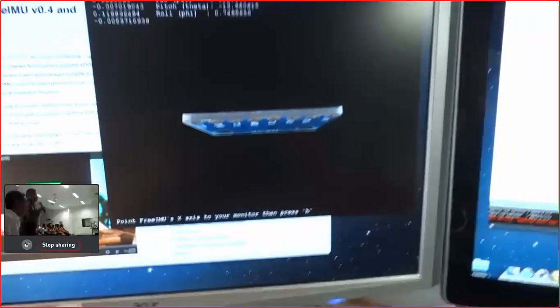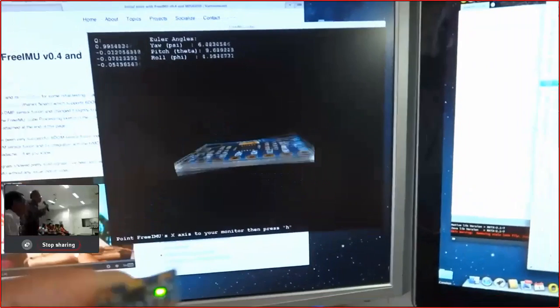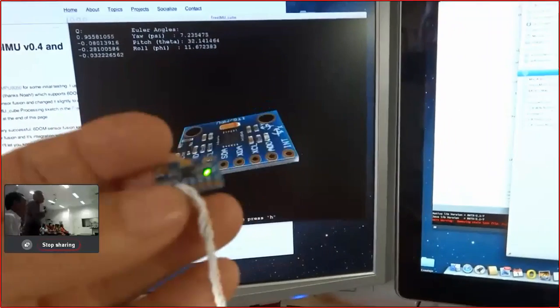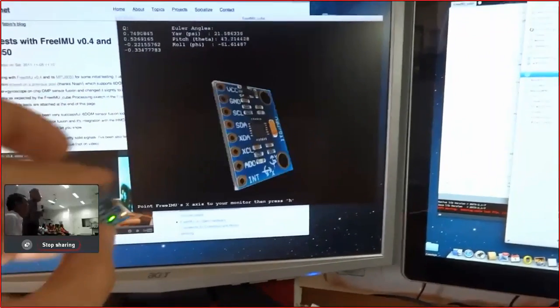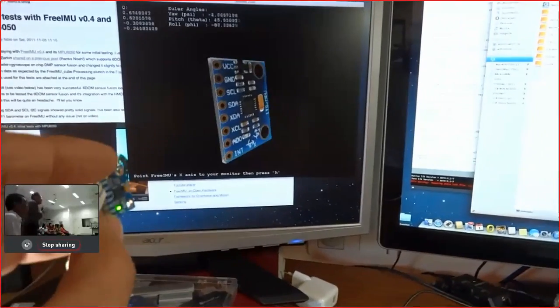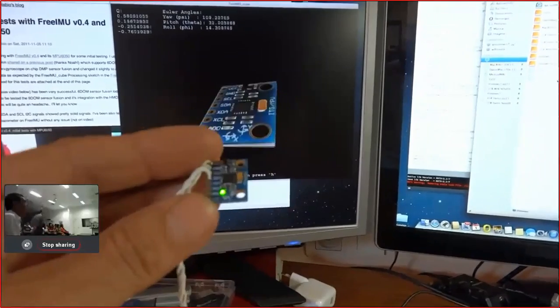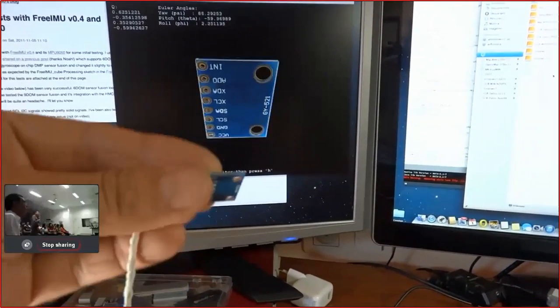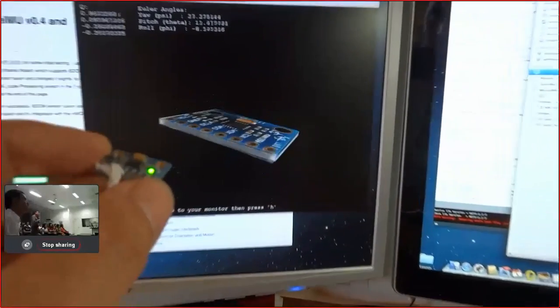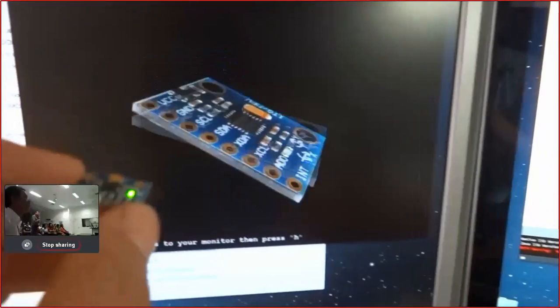Now this is a simulation for the IMU and shows how any small motion can be displayed on the ground station. We have Euler angles, we have yaw and roll and other angles.